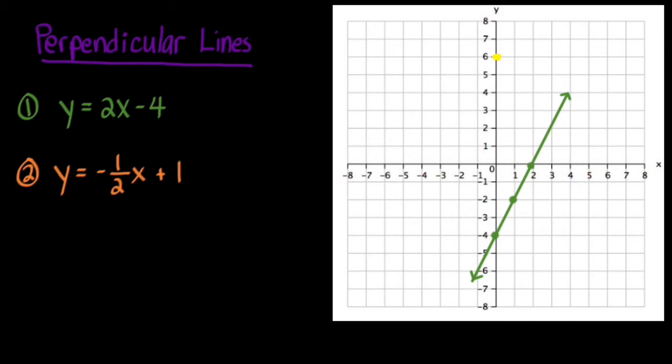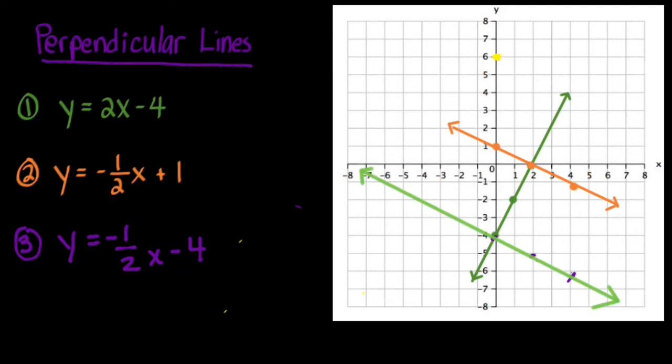My y-intercept is 1, and my slope is down 1 over 2, and you can see that they cross over, making 4 right angles, right? It is perfectly perpendicular.